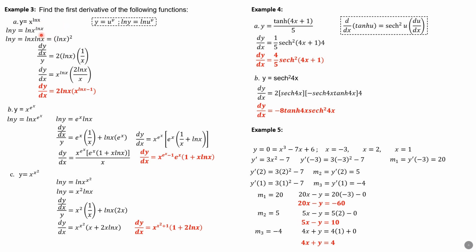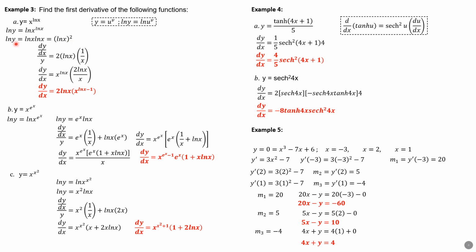So taking ln on both sides, ln of y equals ln of x to the ln x. Differentiating, and we can rewrite this as ln x times ln x by property of logarithms. Then we can make it as one combined ln of x quantity squared.